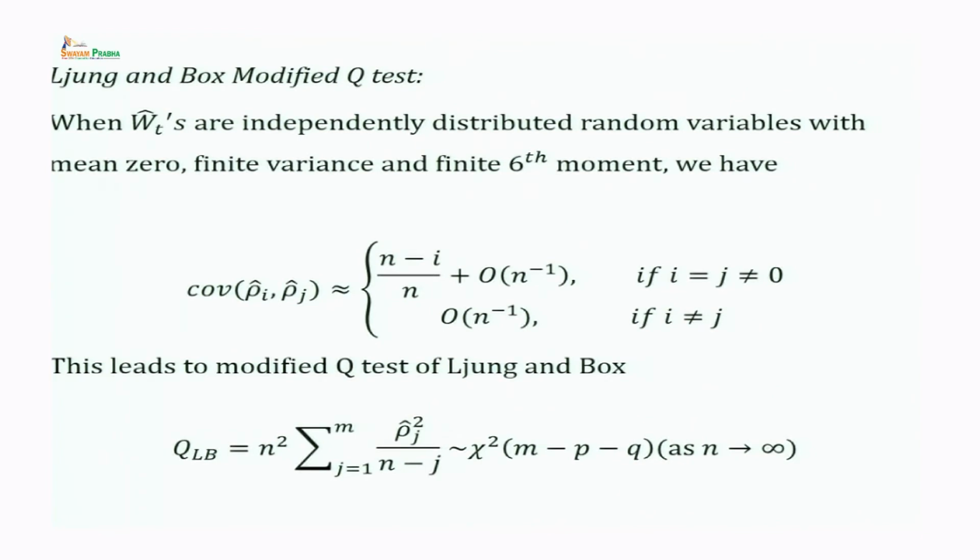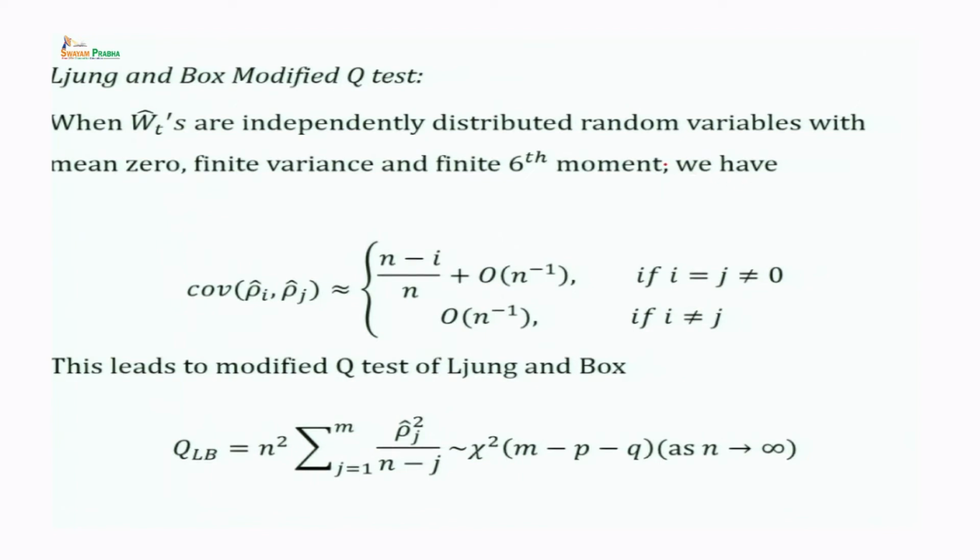Now, we consider the Ljung Box modified Q test, when W hat t's are independently distributed random variables with mean 0 and finite variance, with finite sixth moments also. So, you require this additional assumption, that W hat t's have finite sixth moment, and independently distributed means rho 1 is equal to rho 2 equal to, and so on, rho m equal to 0.